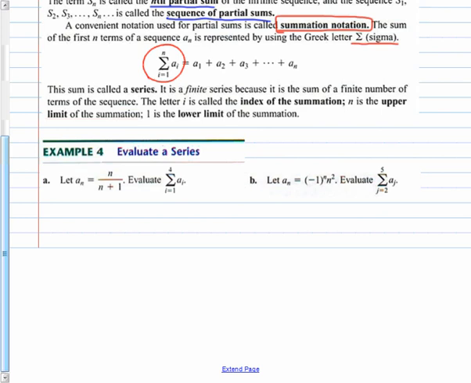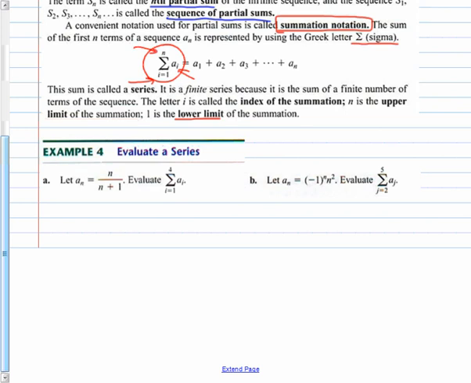We have the summation of a sub i. Now, a sub i means a sub 1, our first term, our second term, our third term. Sometimes there'll be a formula that goes there. From i equals 1, that is the lower limit, to n.